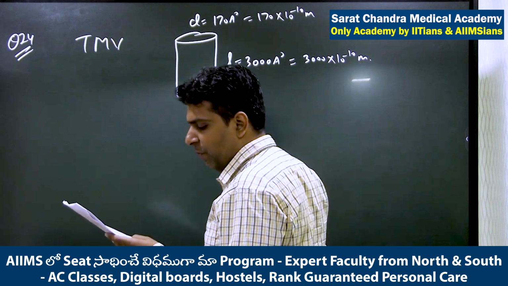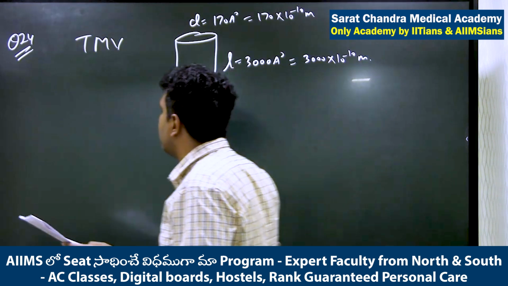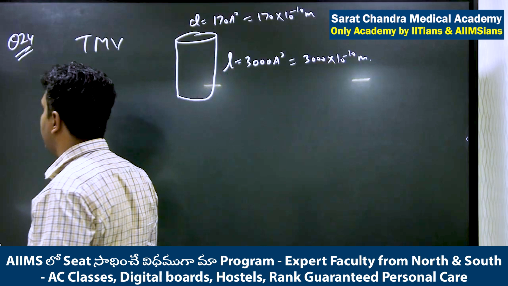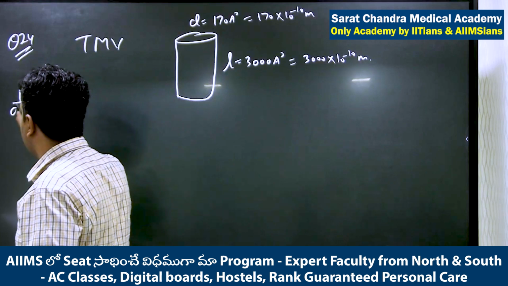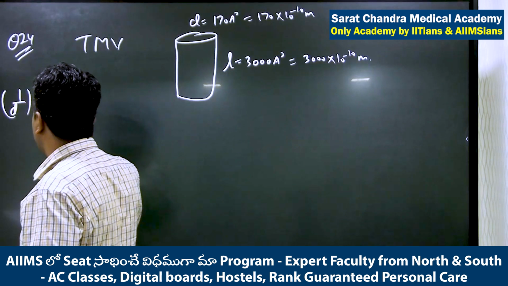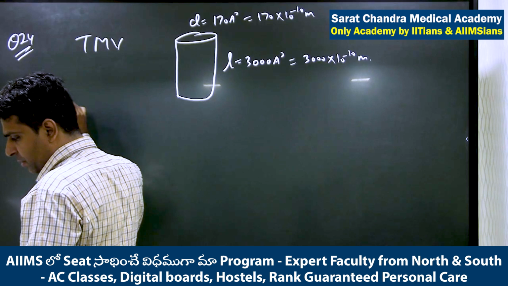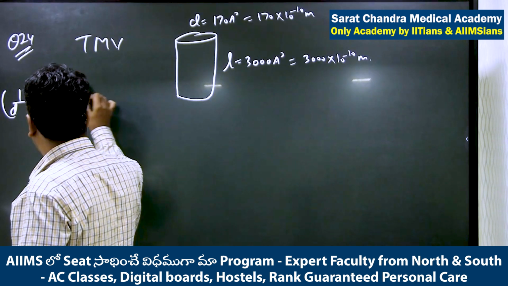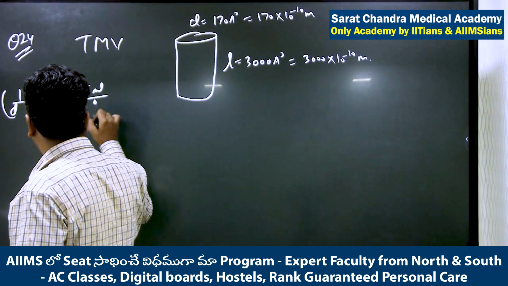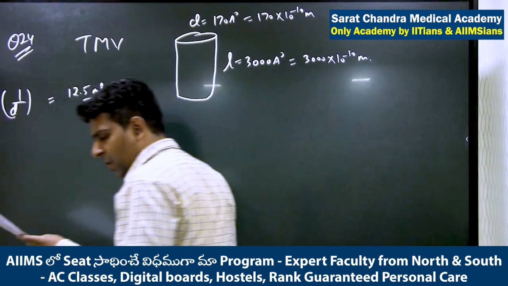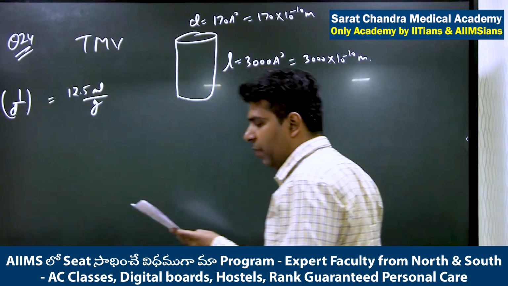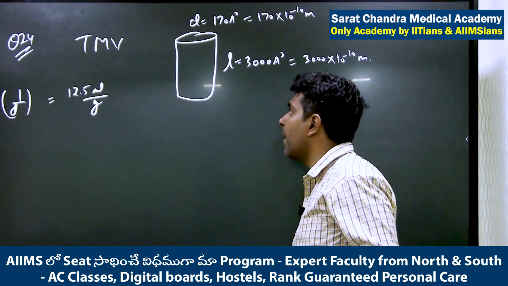If the specific volume of the virus, so what is specific volume? 1 upon density. So 1 upon density is specific volume, that is given 12.5 ml per gram. Then the molecular weight of virus you have to find out.